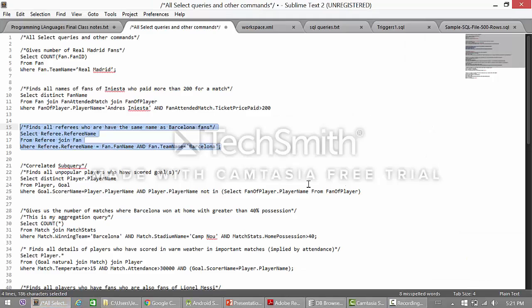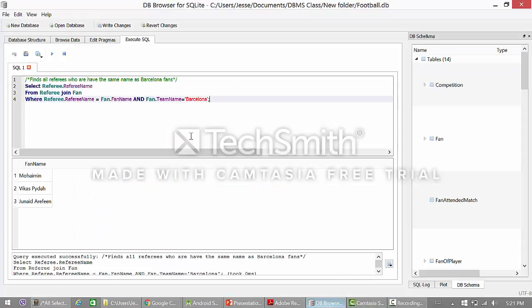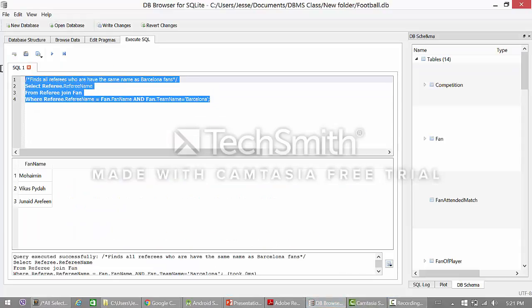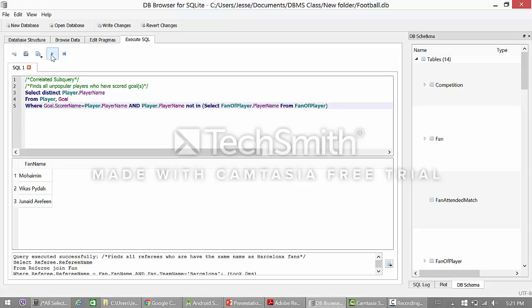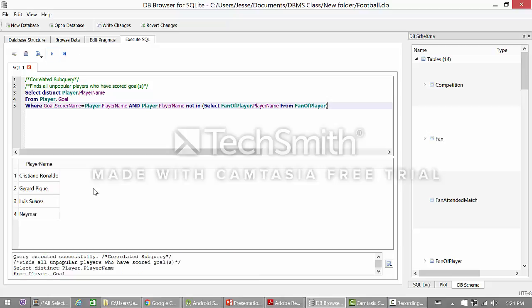We can test a correlated subquery to see what happens if we put a more complex query into the database, and we find information about players who do not have any fans who have scored goals.